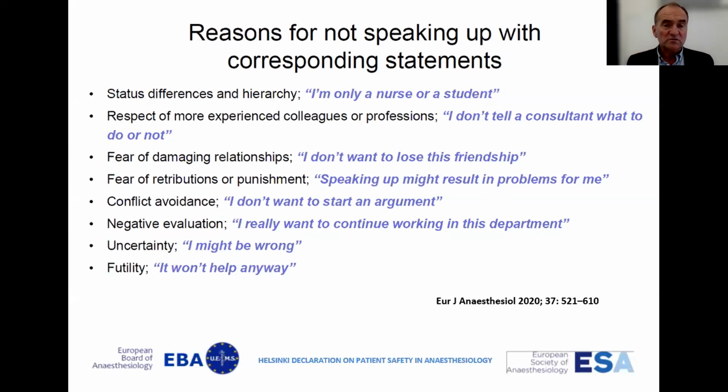Some of us just don't like conflicts, and we like to be nice people all the time, and we avoid raising concerns. Someone else could do that because I'm just a nice guy. And it could be negative evaluation that we are afraid of, because I really want to continue working in this unit.